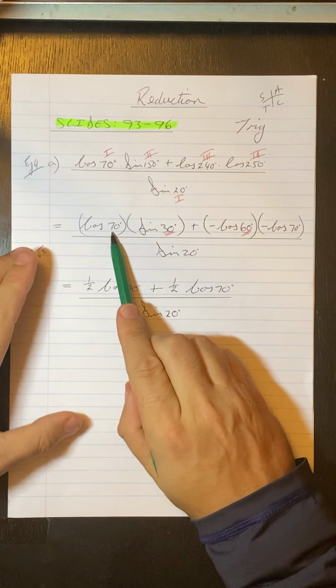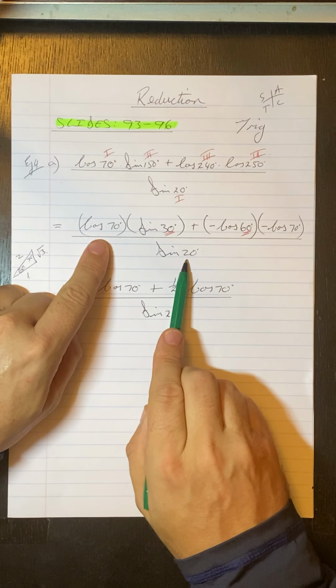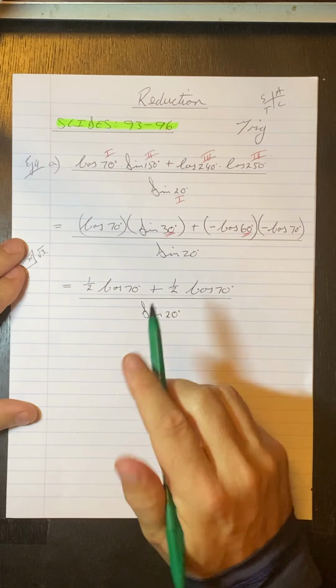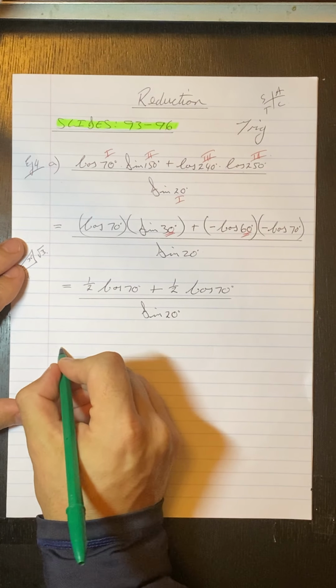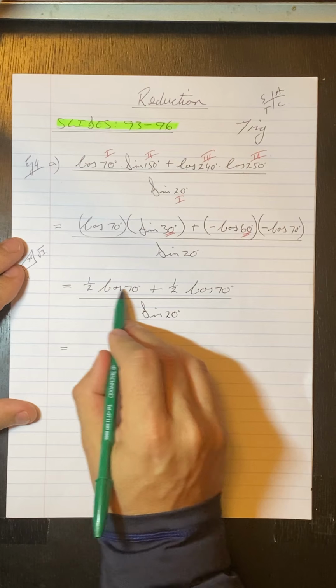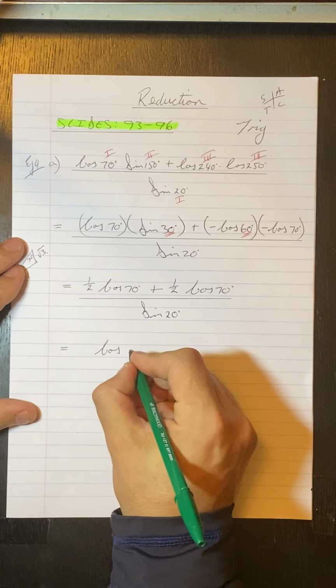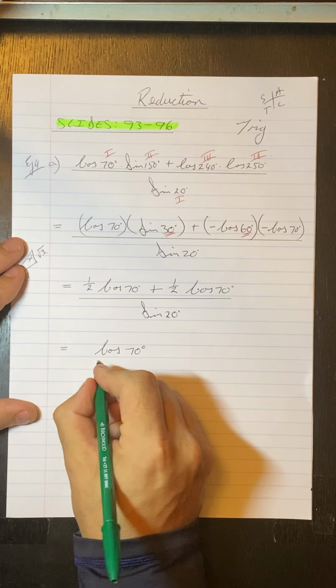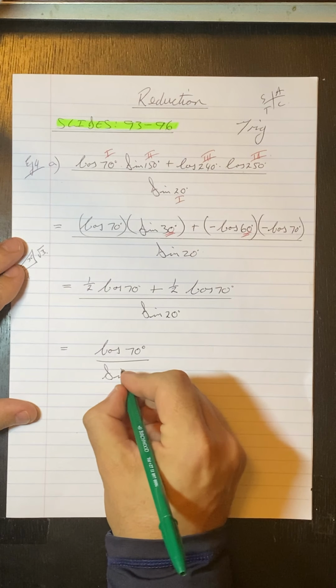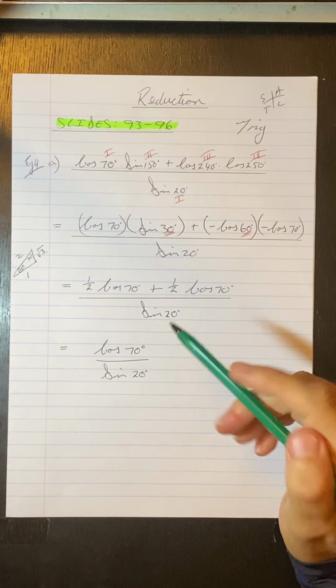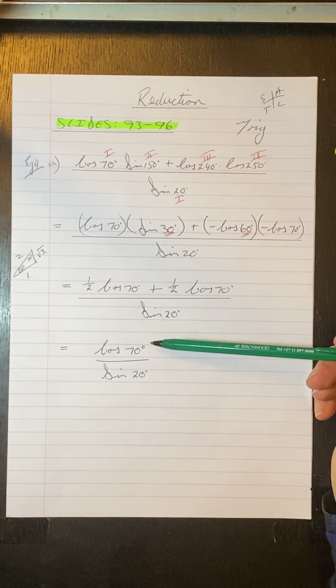Now there's nothing I can do with the 70s and the 20s because they're not special angles, but we'll deal with them in a second. Okay, so in the numerator we have a half cos 70 plus a half cos 70 gives us 1 cos 70 over sine 20.